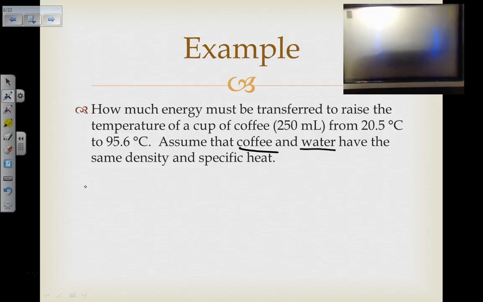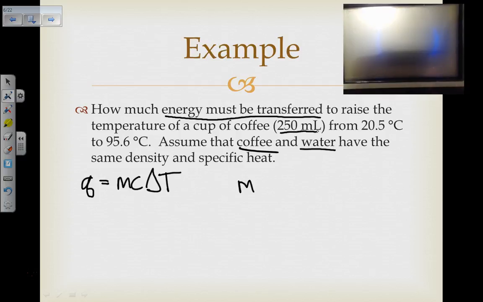And let's start. If we're trying to figure out how much energy is being transferred, that's Q equals mcΔT. Do we have a mass of water? Well, no, but we have a volume.